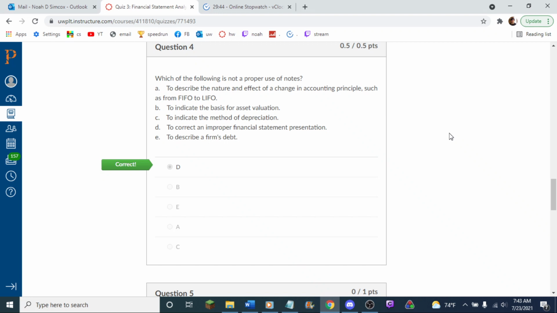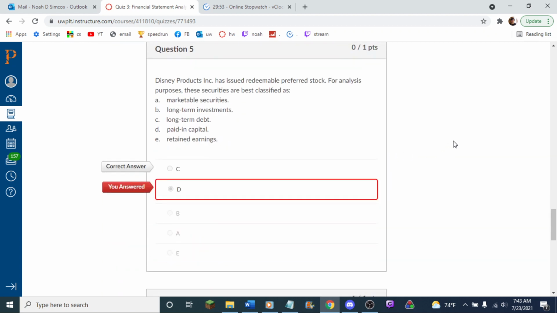Okay, what is not a proper use of notice? To correct an improper financial statement presentation. And this one, again, I got wrong because I didn't read the textbook. Redeemable preferred stock is best classified as C, a long-term debt. Okay.